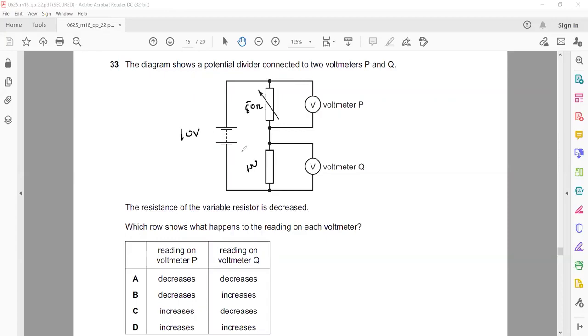So the total voltage will divide: if 3.33 volts drop here, the remaining 6.67 volts will drop across the other component. The total voltage is the same, but it divided according to the ratio of the resistance in a series circuit. That's why we also call it a potential divider circuit. First the ratio was 1:1, but then the ratio became 1:2. As the ratio of the resistance changes, the voltage will also change.